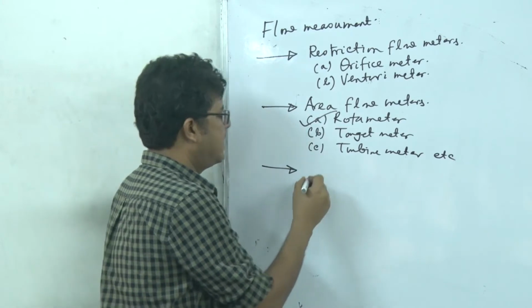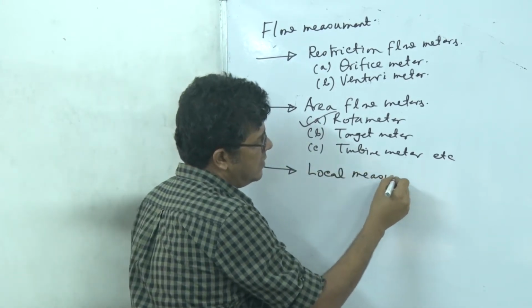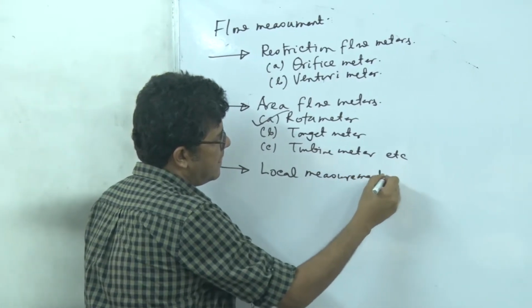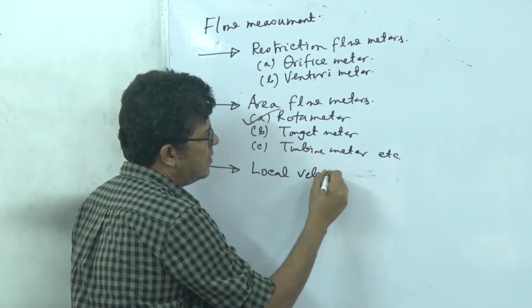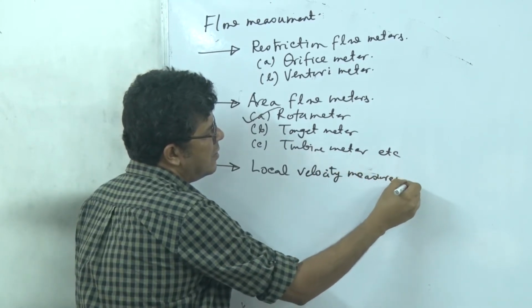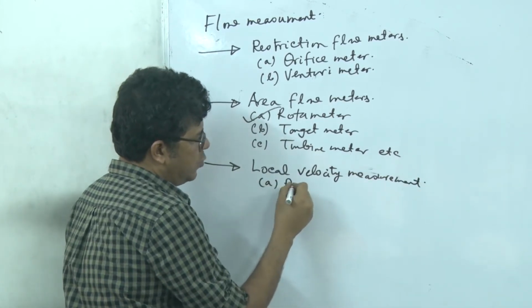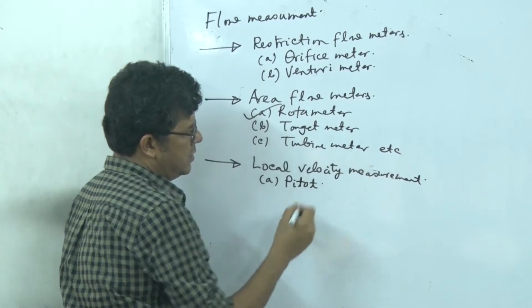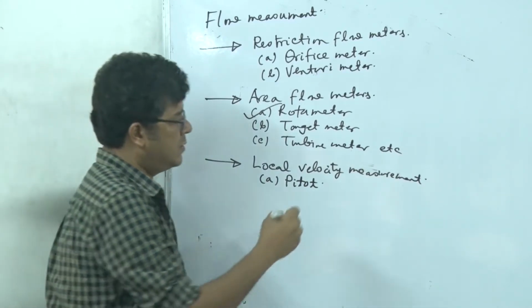Next, local velocity measurement devices, where we are going to discuss the pitot tube. Here the spelling is pitot, but it's pronounced pitot.